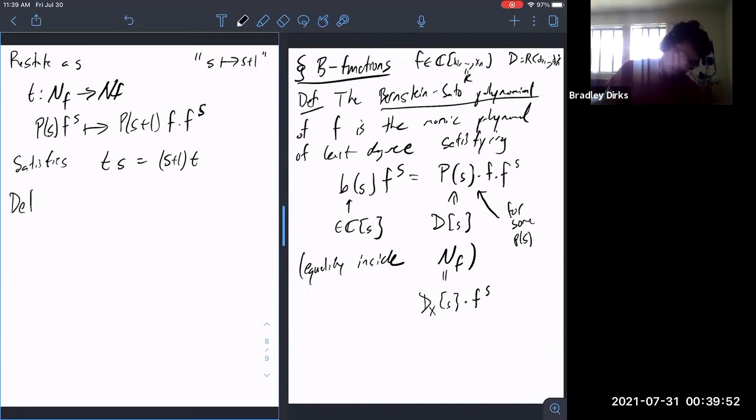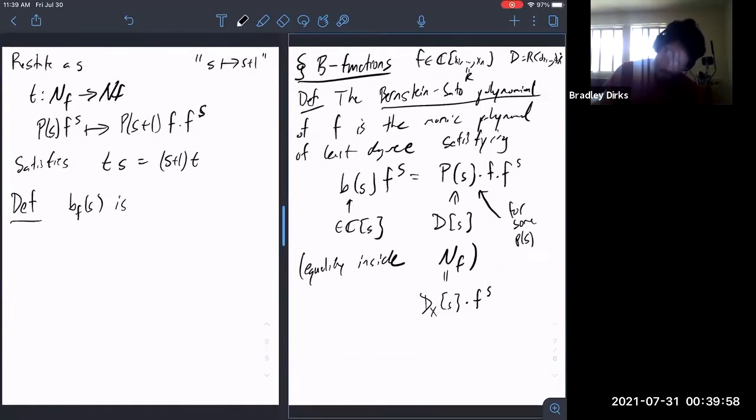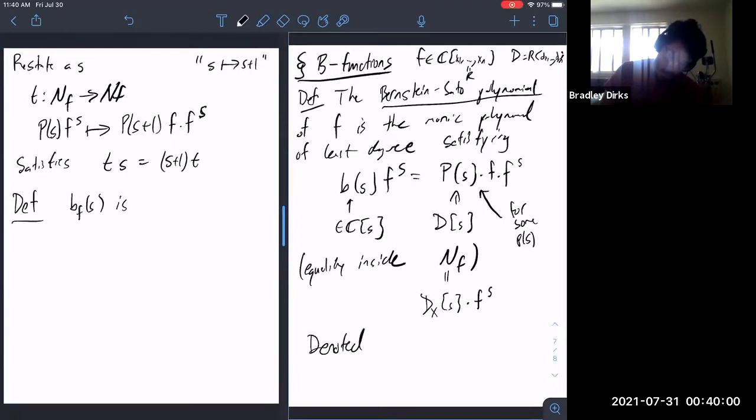And so another definition of the Bernstein-Sato polynomial, denoted b_f(s), is this. By specifying it's monic, I'm looking for a non-zero polynomial, so I'll just say non-zero here to be careful.